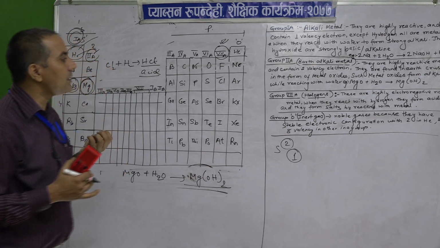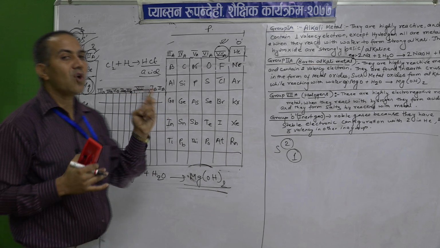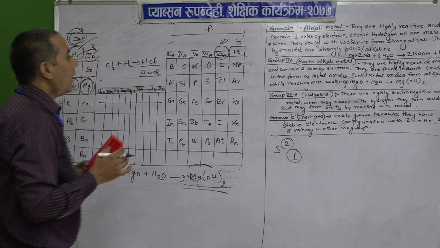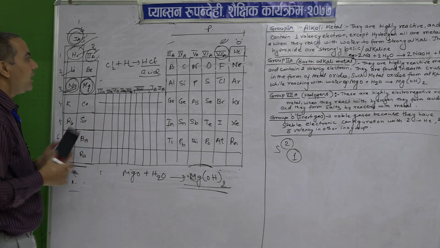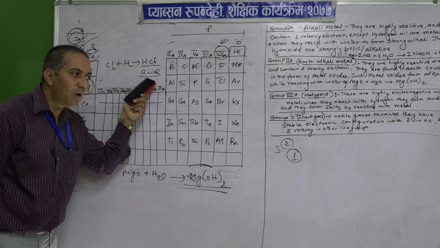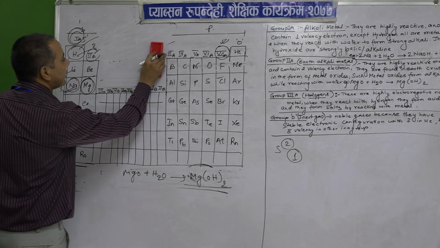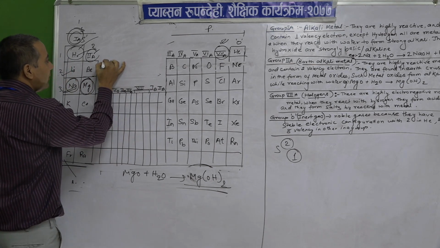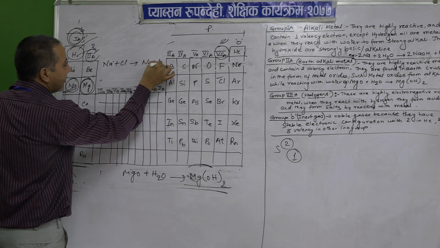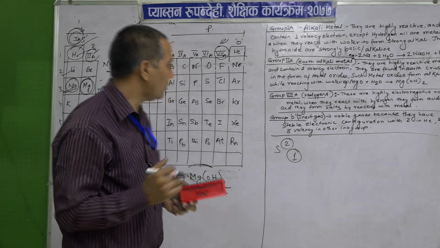So, they are called highly electronegative elements, and they are non-metals. When they react with hydrogen, they form acid, and when they react with metal, they form salt. That is the reason why they are called halogens.